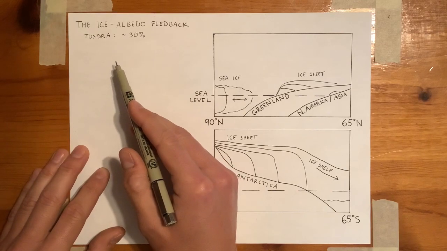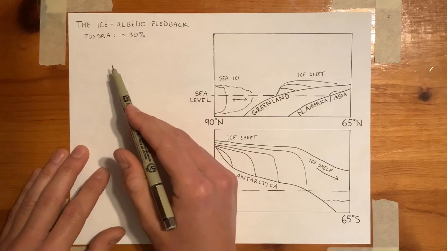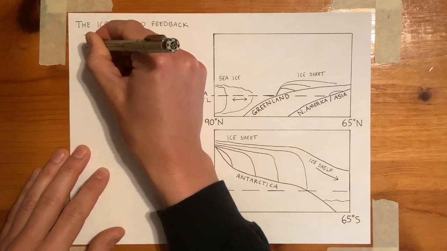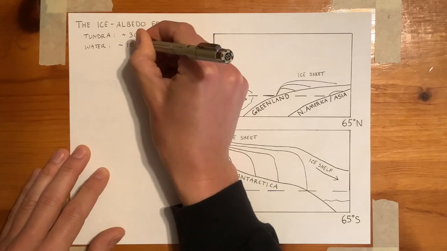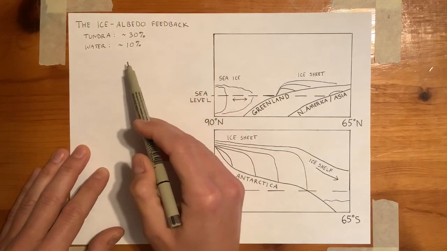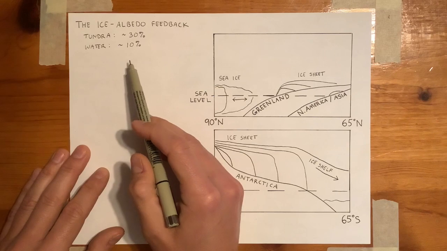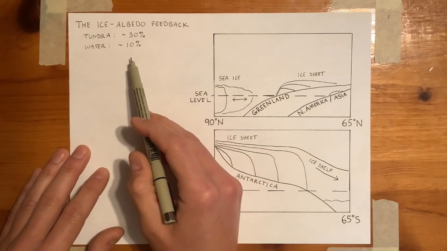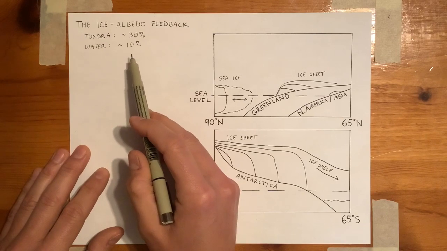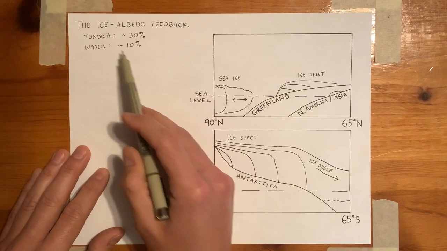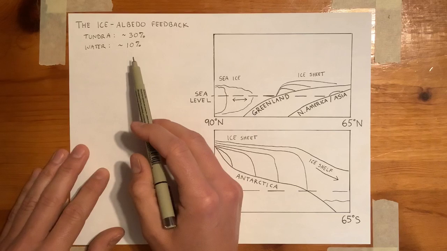Now let's think about the average albedo of water, of ocean water. So the average albedo of ocean water is actually quite low. It's only about 10%. So that means that the oceans absorb about 90% of the incoming solar radiation and reflect about 10%.